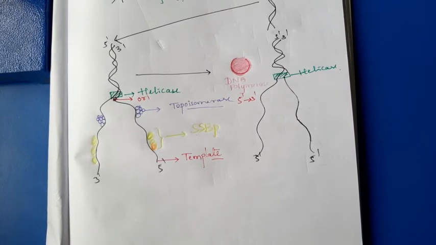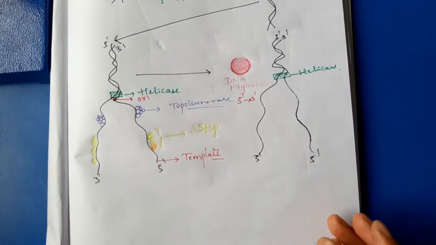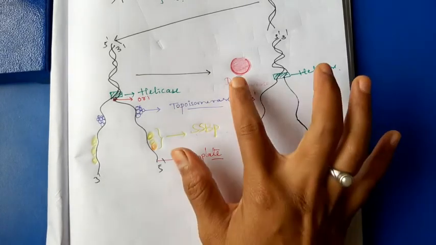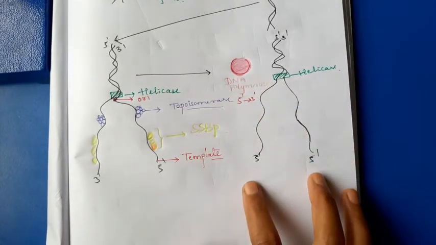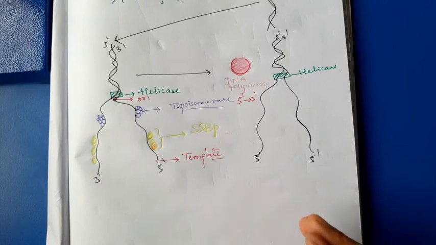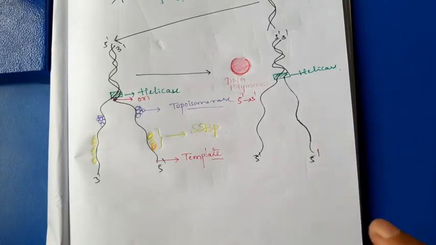For its work, DNA polymerase needs double stranded DNA. Initially DNA polymerase requires single stranded DNA, but for the initiation of its work it requires double stranded DNA. There is a problem.